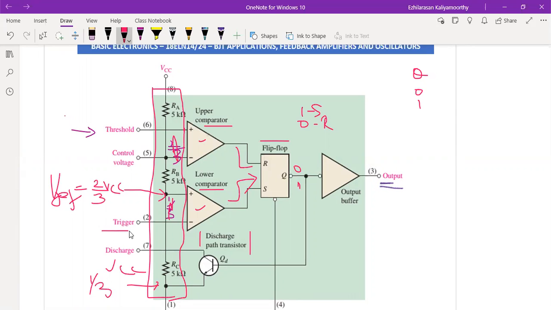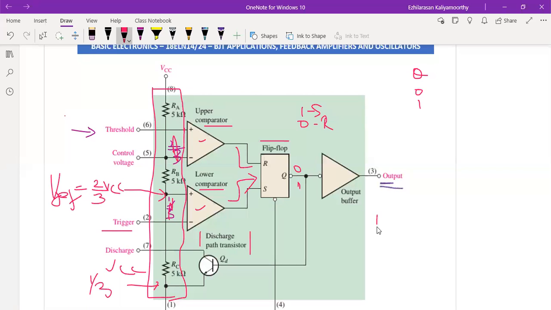Where is the trigger? You can see this is the trigger actually. When the trigger voltage goes below 1 by 3, we'll keep it in mind. If the trigger voltage goes below 1 by 3 VCC, then the flip-flop sets.